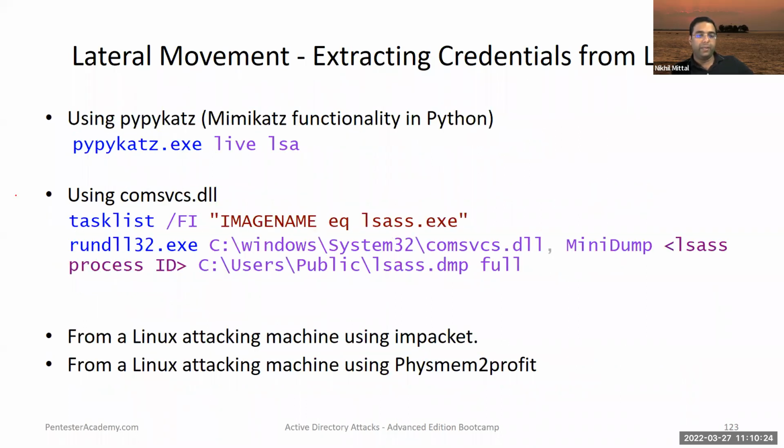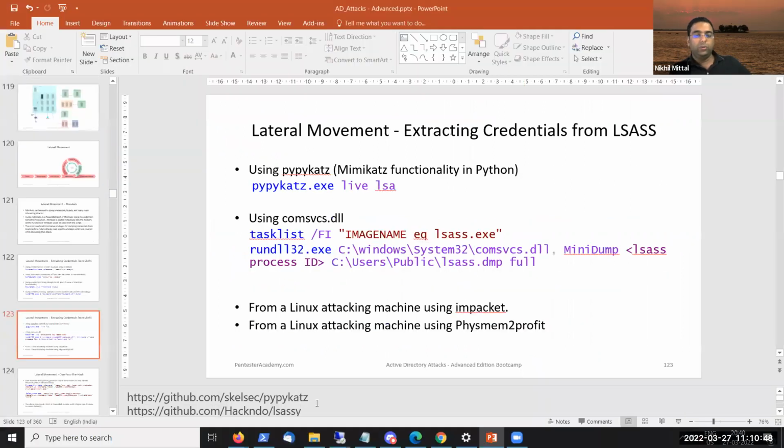You can use pypykatz that has Mimikatz functionality in Python. You can use Microsoft's own binaries like rundll32 and comsvcs.dll for creating a memory dump of the LSASS process, and then the credentials can be extracted offline using tools like Mimikatz. You can also use tools like LSASSY, NanoDump, and whatnot.